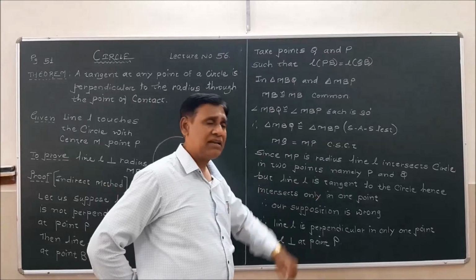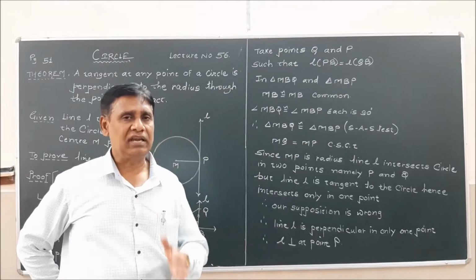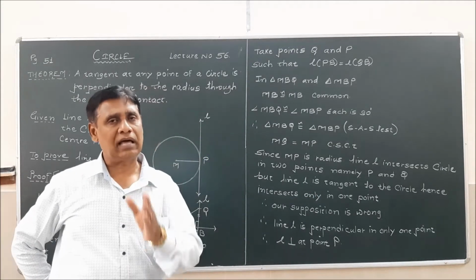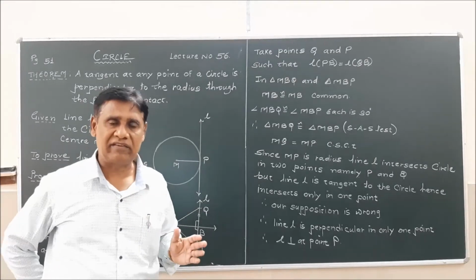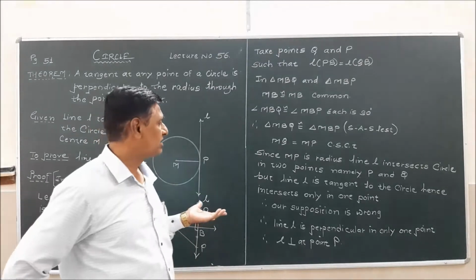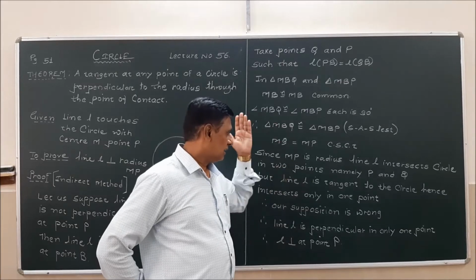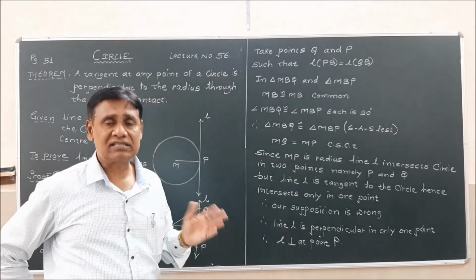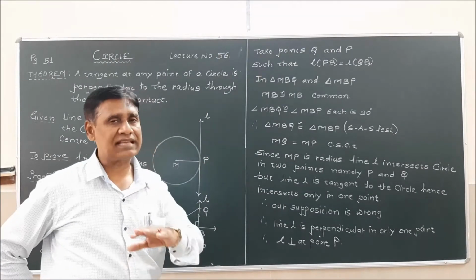But line L is a tangent, and a tangent intersects the circle in one and only one point. That is the definition of tangent. But the result we got is that the tangent is touching the circle in two points, which is absurd.